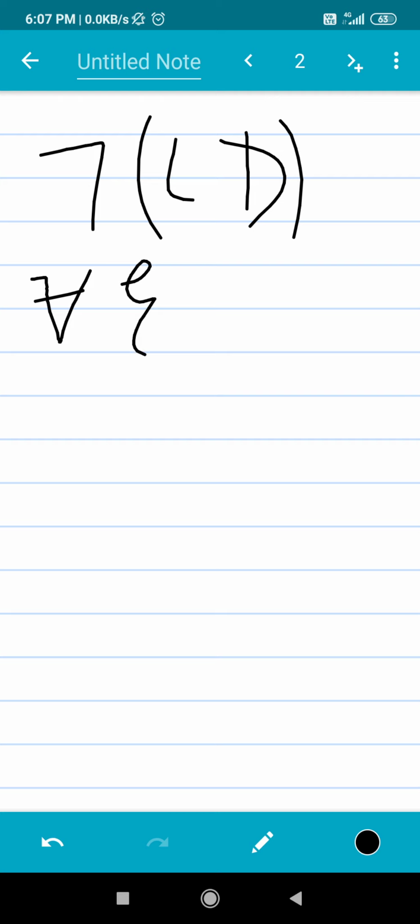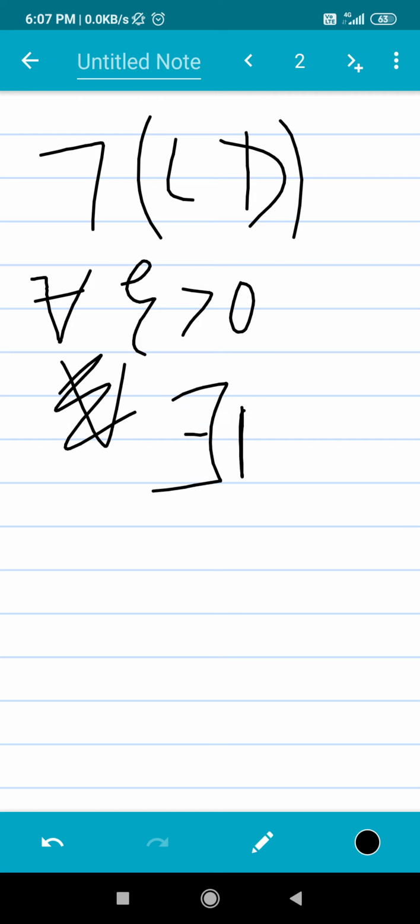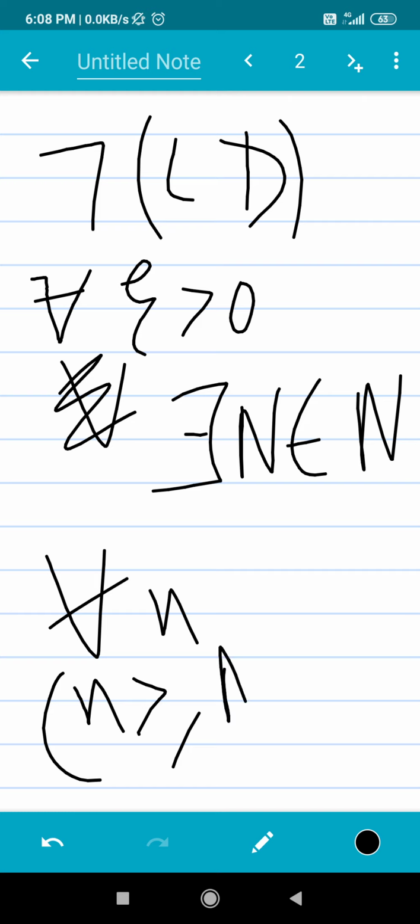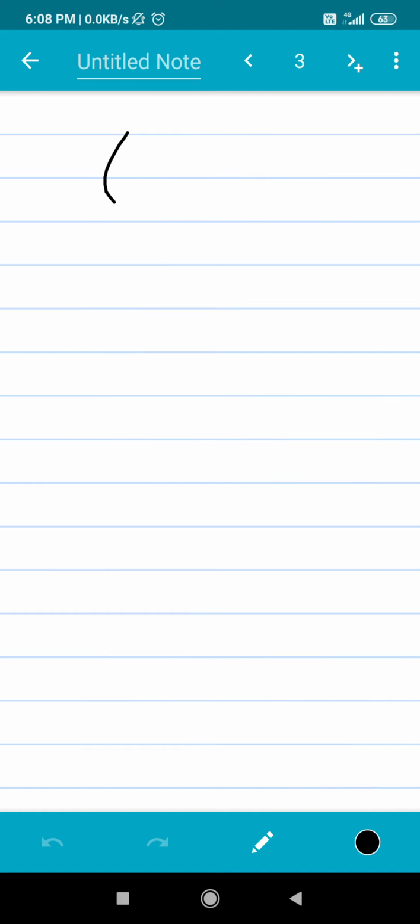For all epsilon positive, there exists capital N belonging to the naturals, for all n greater than or equal to N implies delta is less than epsilon, where delta is defined to be a n minus the deviation basically.